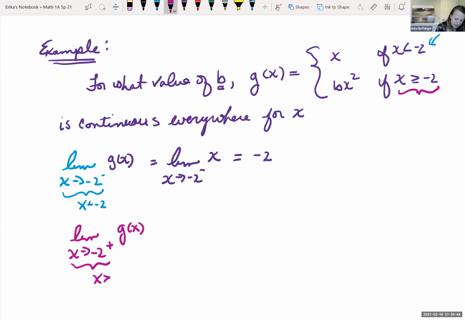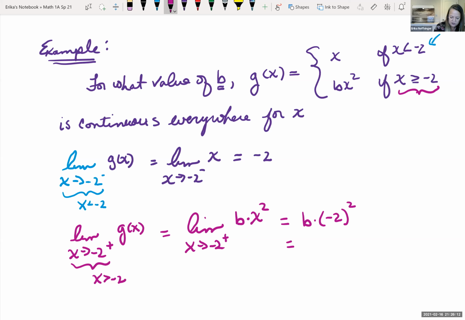So I'd have to use that second equation, b times x squared. With direct substitution, I'd have b times -2 quantity squared. -2 squared is 4, times b, so this would be 4b.